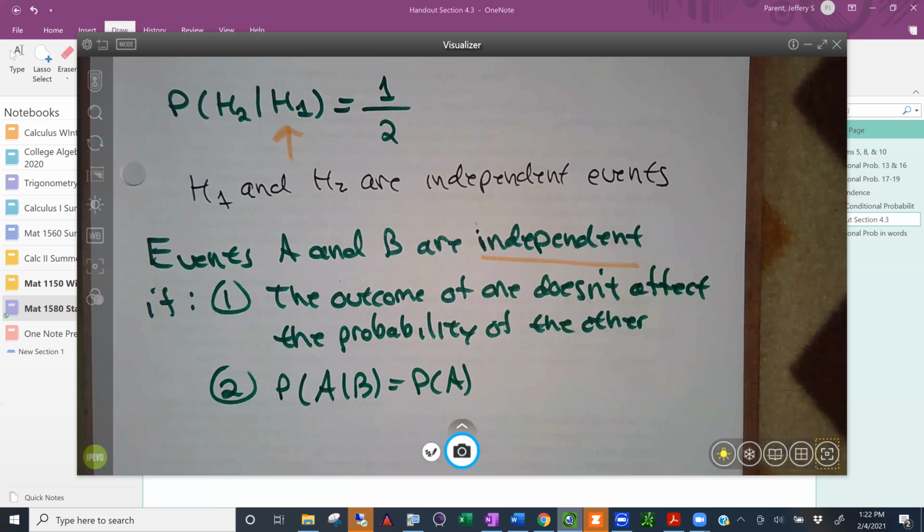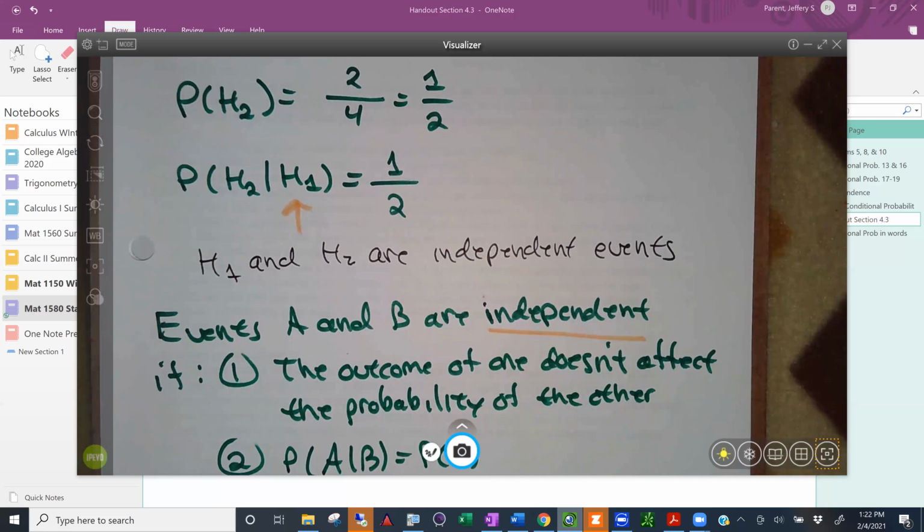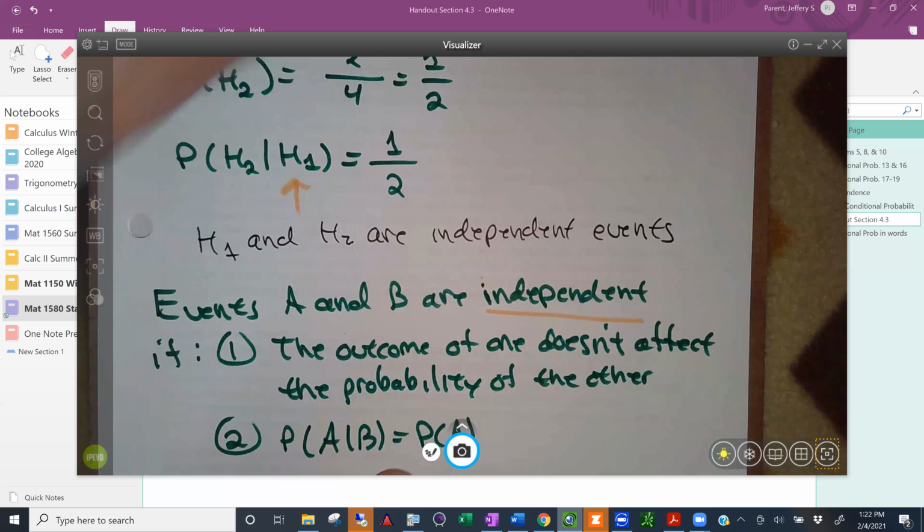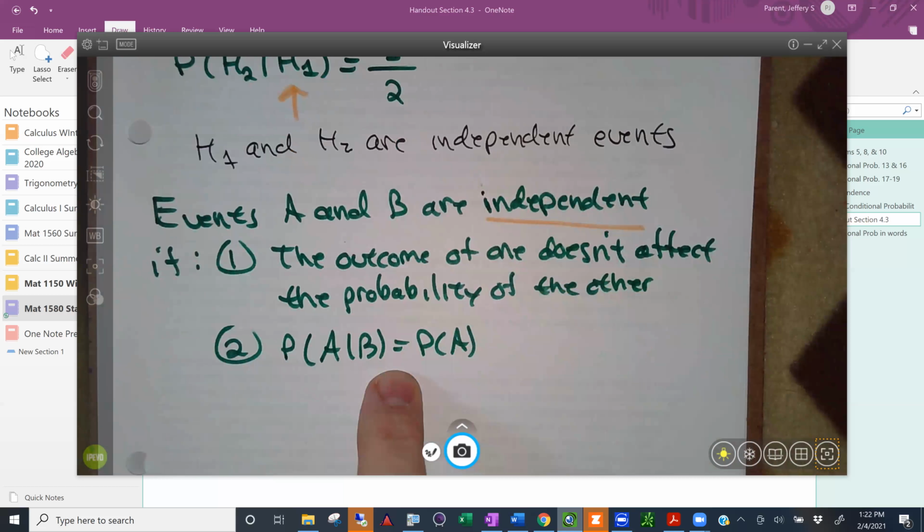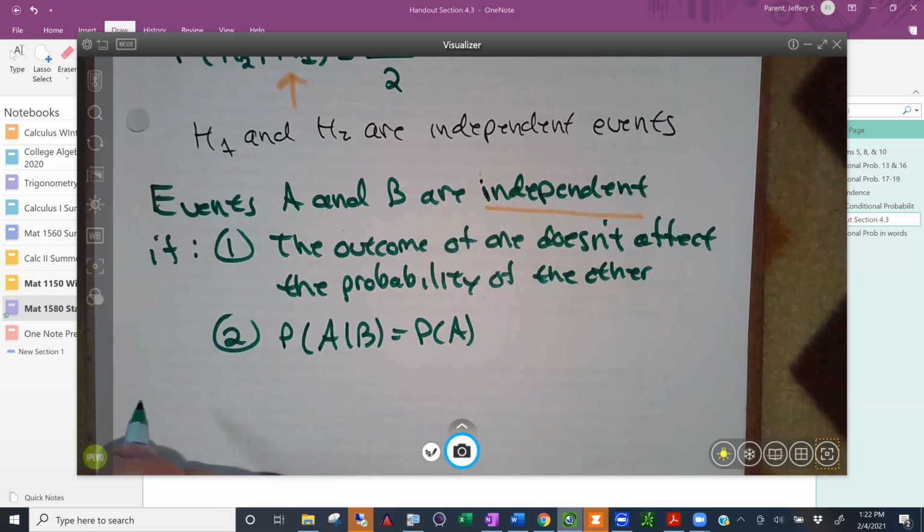Nice, nice, nice. Okay, got a little bit more to finish up in this section, and it's going to be to kind of review the complementation rule and also review independent events. So there is one other nice corollary here that I can write, and I appreciate your question for that.